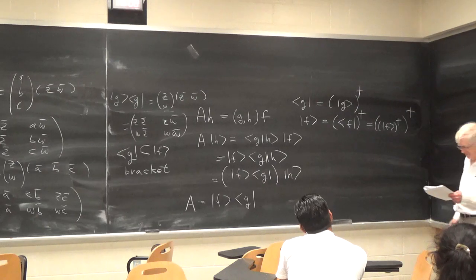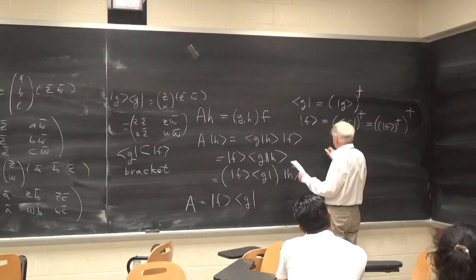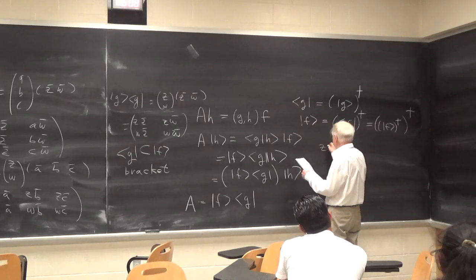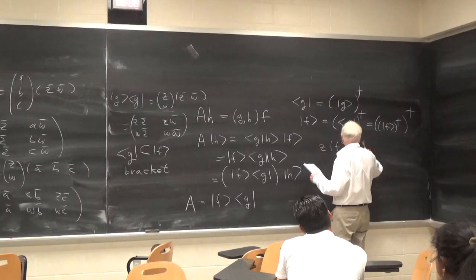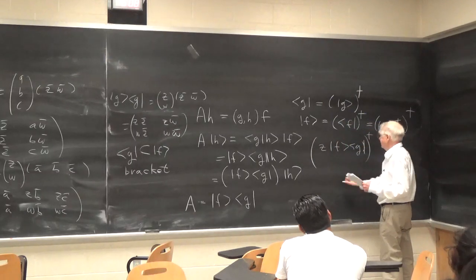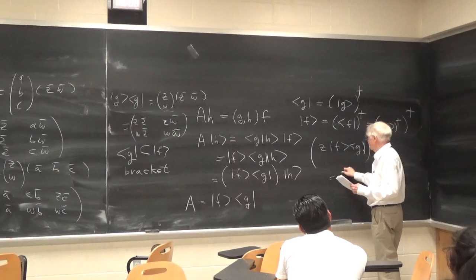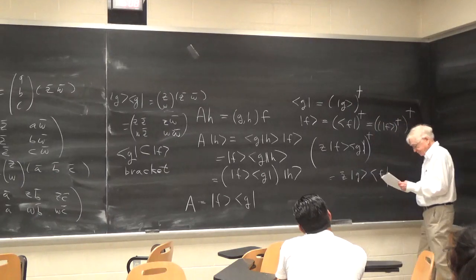If you have an outer product such as Z F G, and you take the adjoint of that, then this is equal to Z complex conjugate ket G bra F.